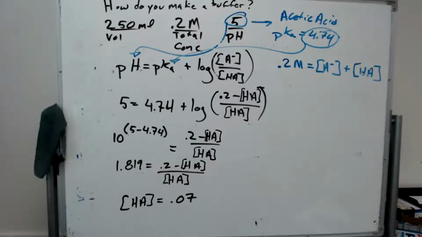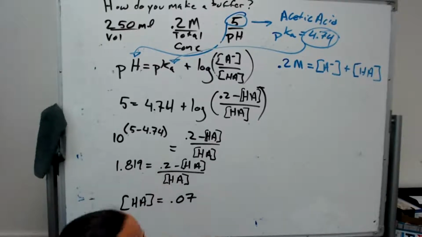That would mean the base concentration is really high. So here's my thinking, and I could be thinking about this totally wrong: if my HA concentration is 0.07, that means my A minus concentration, oh, it's not that far off. I just can't do math in my head. I was comparing 0.07 to 0.2 and thinking that seems far off.